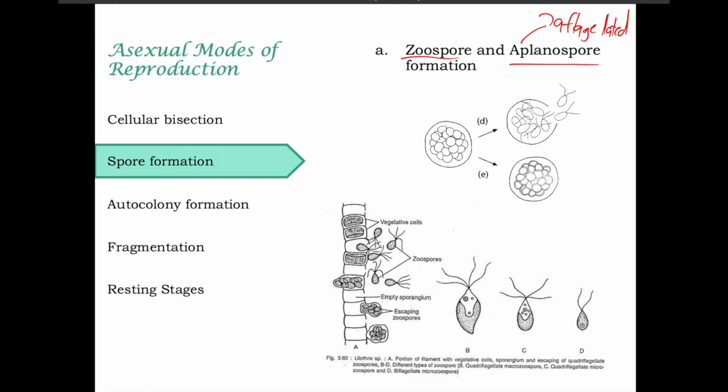These are what we discussed earlier, the whiplash or hairy structures that are for motile purposes of the spore. Aplanospores are aflagellated, but they can develop into a flagellated organism.